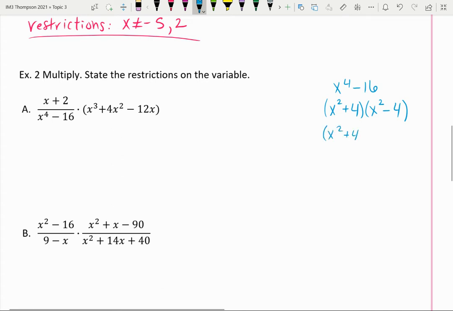X squared plus 4 cannot be further factored, but the x squared minus 4 can. It's another difference of squares.